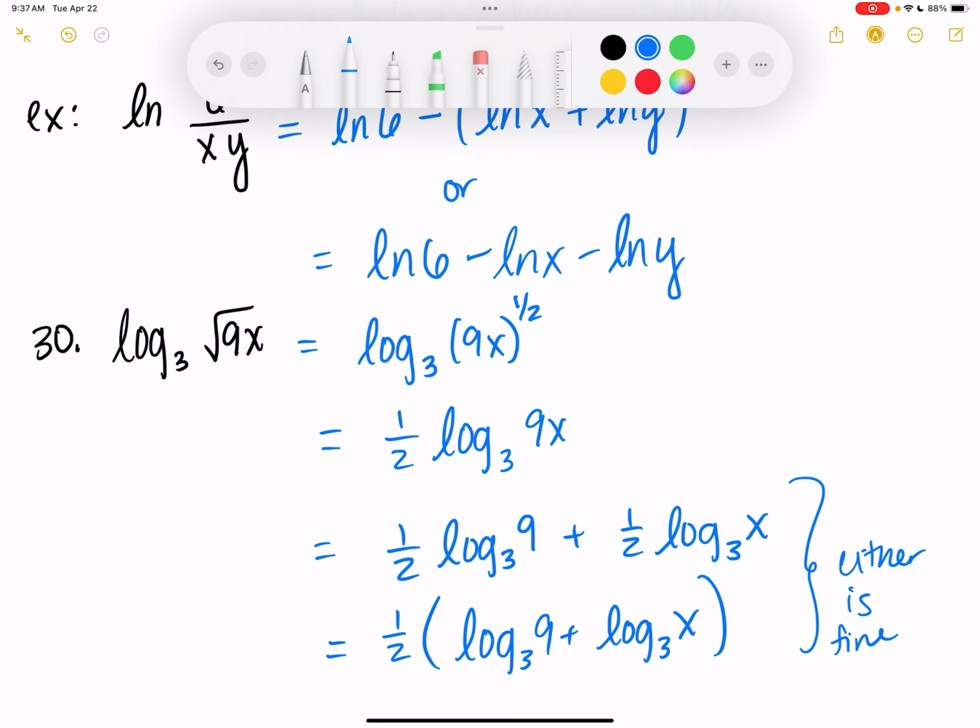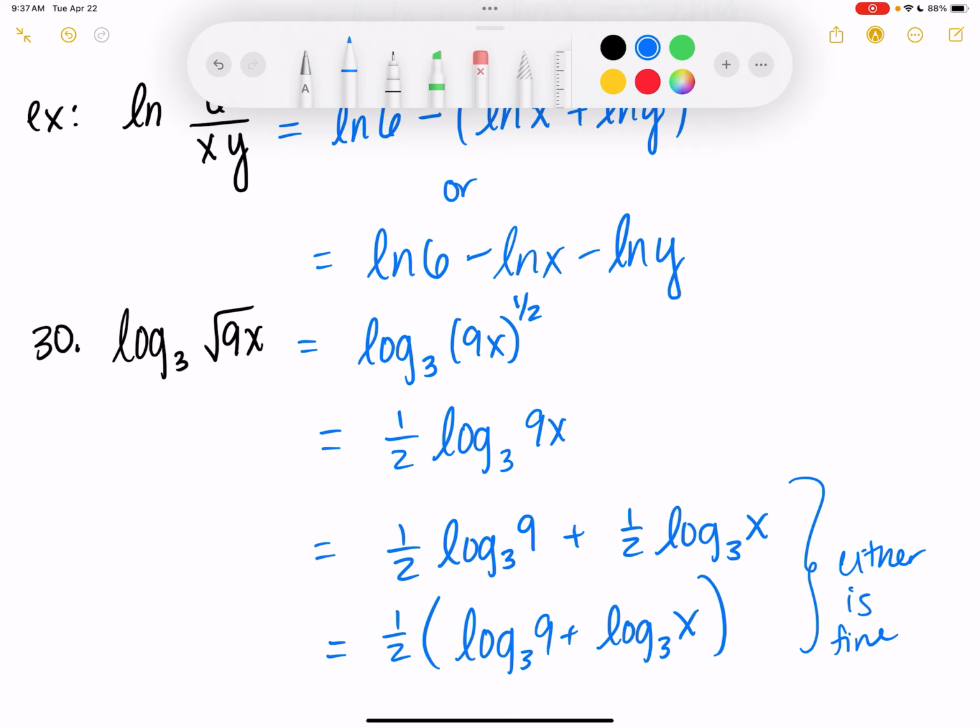Now, on the quiz or the test, if you rewrote this log base 3 of 9 as log base 3 of 3 squared, and then said that that was equal to 2 times 1/2, which is equal to 1, that's also fine. But for the purpose of the book, they're just expanding.